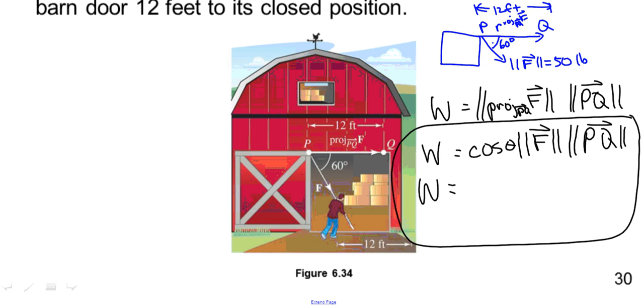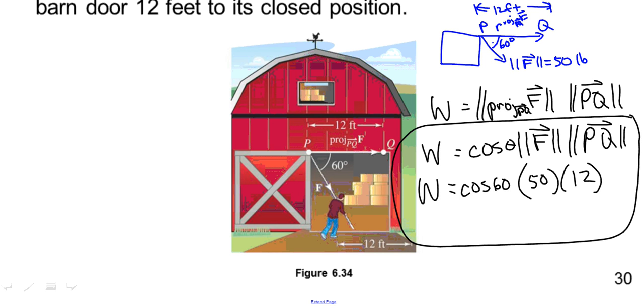So what's our angle theta? 60. So it's going to be the cosine of 60. What's the magnitude of F? 50, times 50. And what's the magnitude of PQ? It's just that length or distance that is 12.